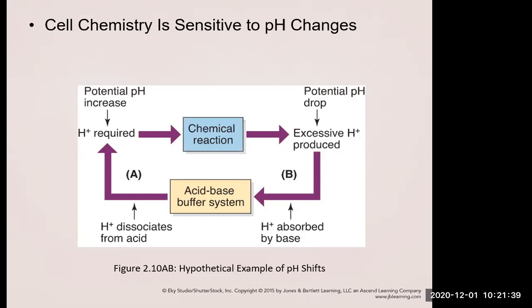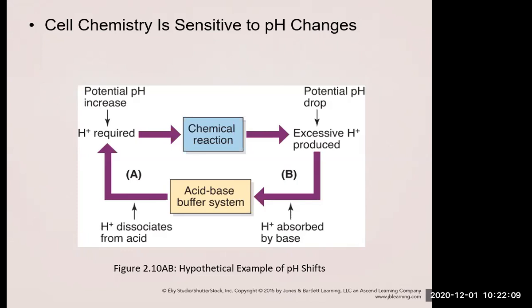So we can have buffers that will either accept or donate protons based on the chemical reactions that are taking place. So let's say a reaction, in order to take place, needs some hydrogen ions. Part of that buffer is an acid, so it can donate those. The reaction takes place, and then after that reaction takes place, let's say that we end up with more hydrogen ions available than we need.